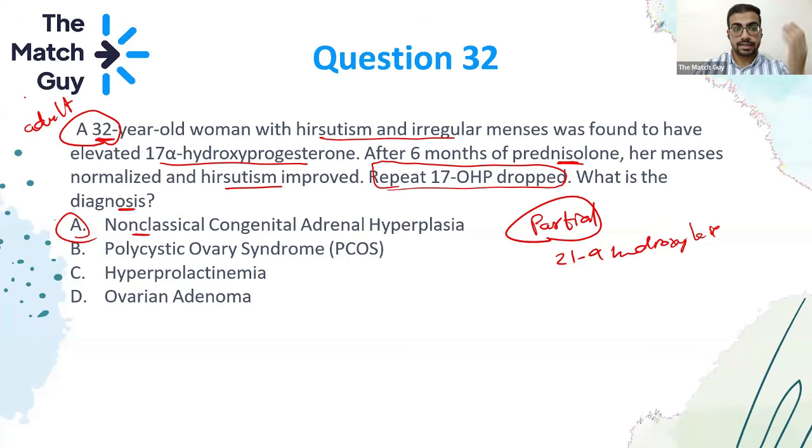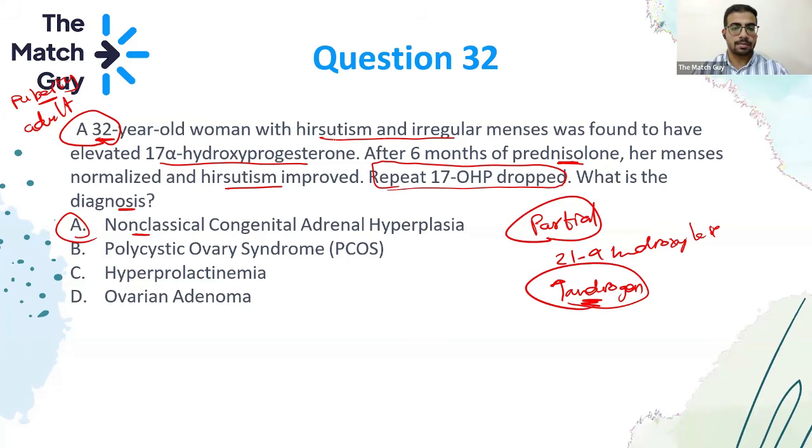Okay, what is the only presentation? Just manifestation of increased androgen. Again, it's mild, so just some of the hyperandrogenism manifestations that we said, like hirsutism, acne, irregular menses because of effects on the HPA axis and so on. So you just have some increased androgen.